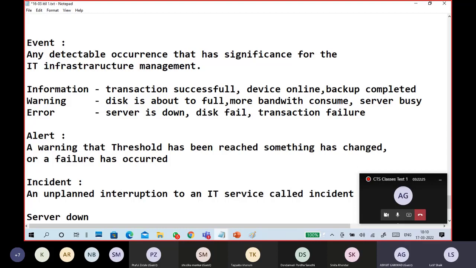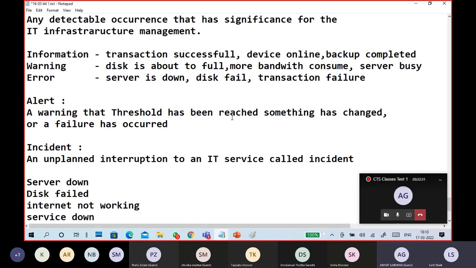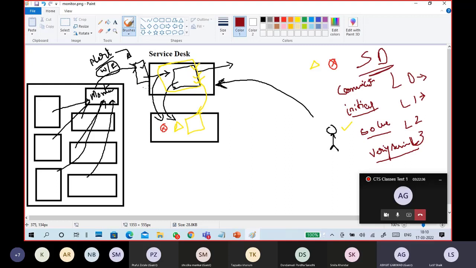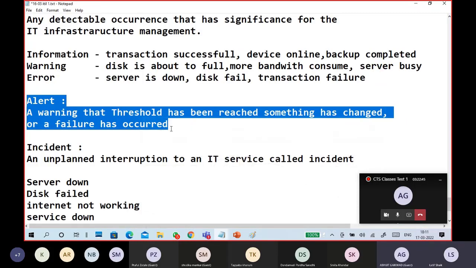This is called information, warning, error, whatever it is, it's an event. When an event occurs, alerts are generated. The alert is sent to the service desk. Immediately the related information ticket should be created and forwarded. The appropriate team will take care of it.